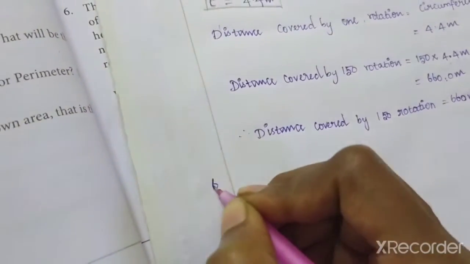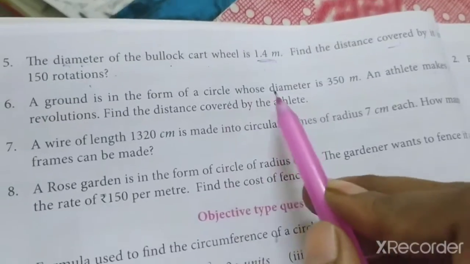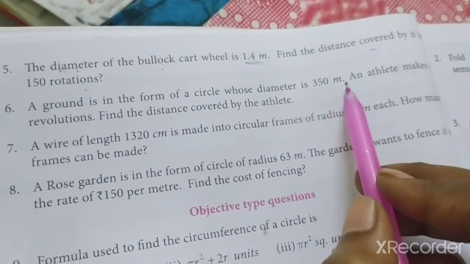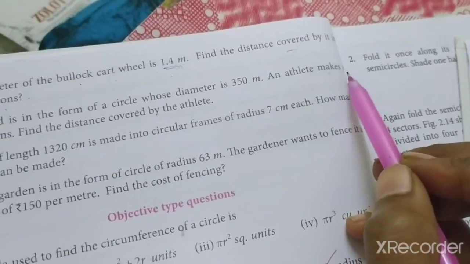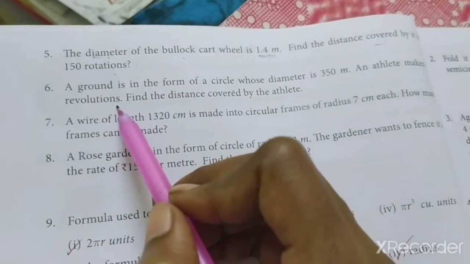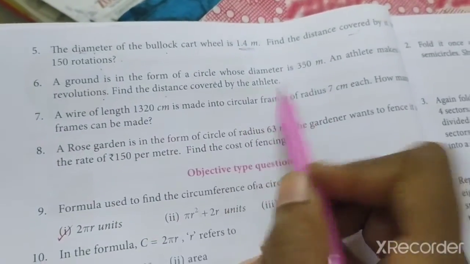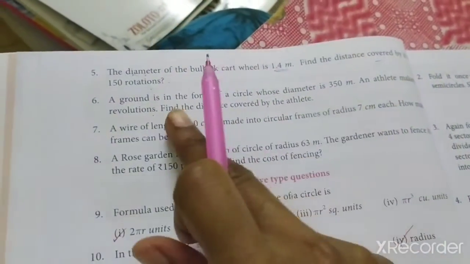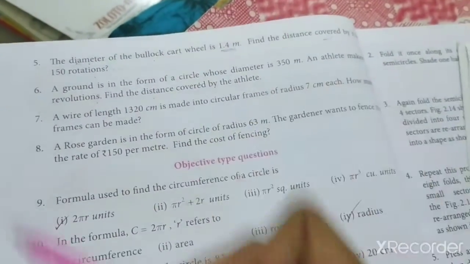So then the sixth question. A ground is in the form of a circle whose diameter is 350 meter. An athlete makes 4 revolutions. Okay, means 4 rounds. Find the distance covered by the athlete. So what they mention, the ground diameter is 350 meter. How many times are they going to revolve?